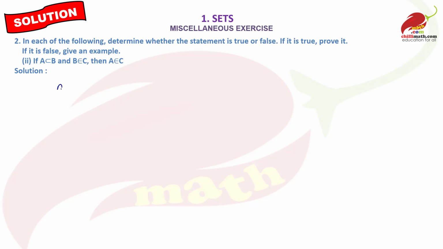So let us take A is equal to, suppose {1, 2}. Because A is subset of B, we take B as {1, 2, 3}. And B belongs to C, so C we can take as one element B and one more element we can take.